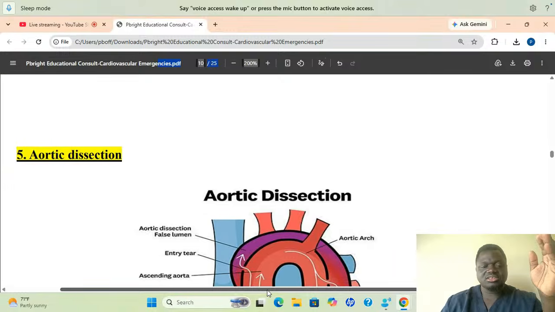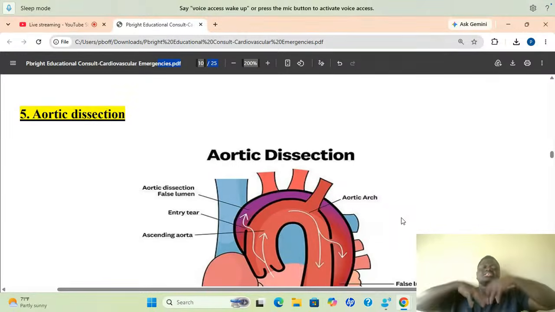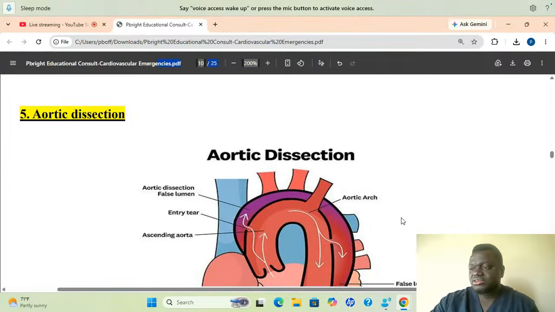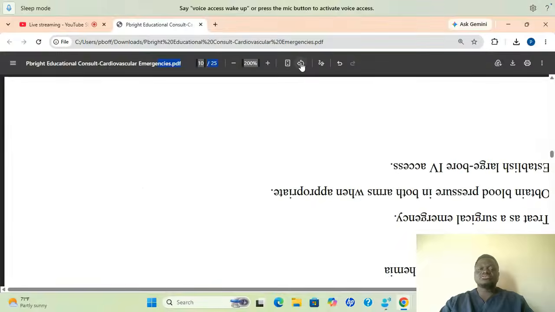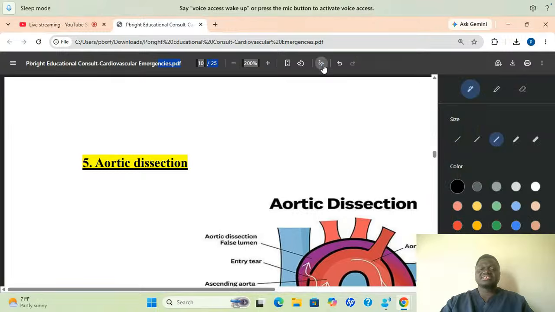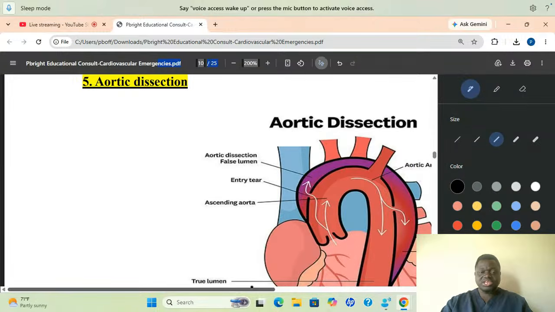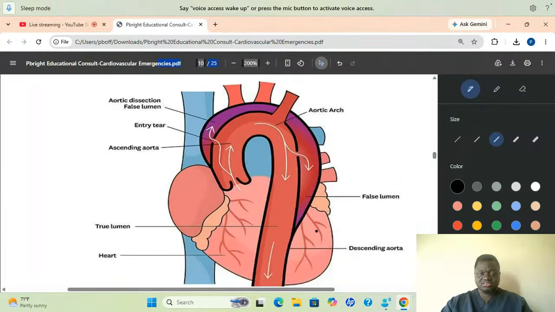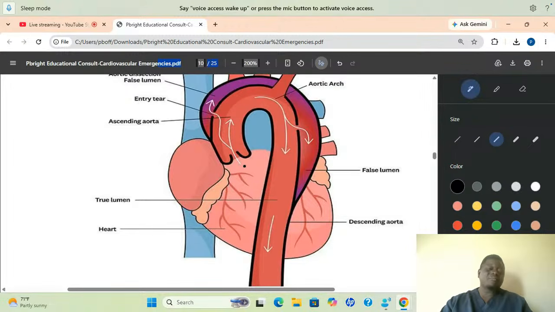Now let's look at the next condition: aortic dissection. This aorta, see how big it is.